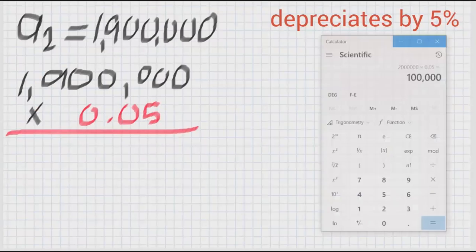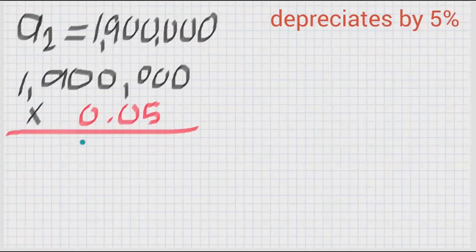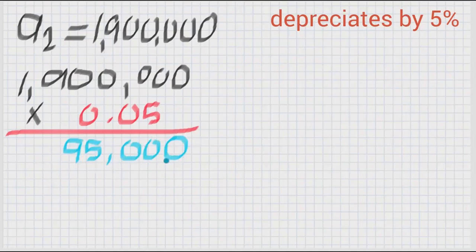So we can use our calculator here. We have 1,900,000, be careful with the zeros, times 0.05. That would be 95,000. So what is 95,000? Again, 95,000 is the 5% of the second term, 1,900,000.